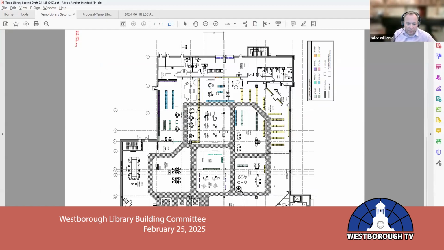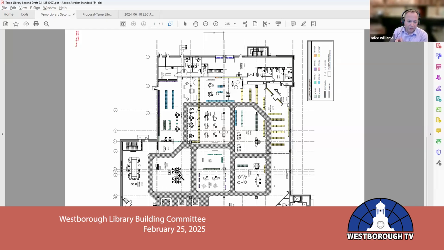Up front near the two entry doors, there are the existing U-shaped desks, checkout counters. They'll be used for circulation and other checkout uses. Off to the far left would be the meeting and friends area, work area.